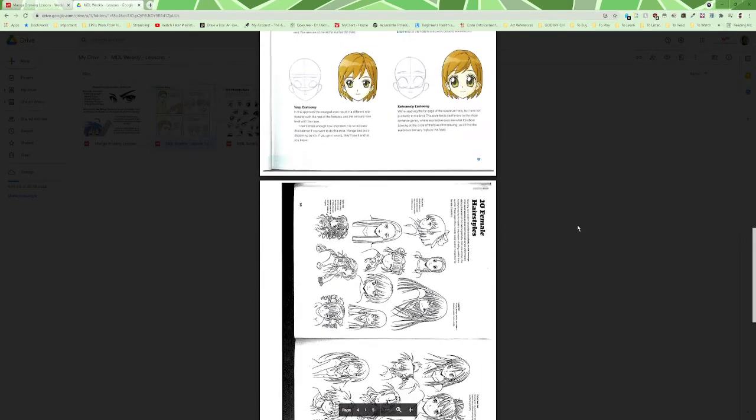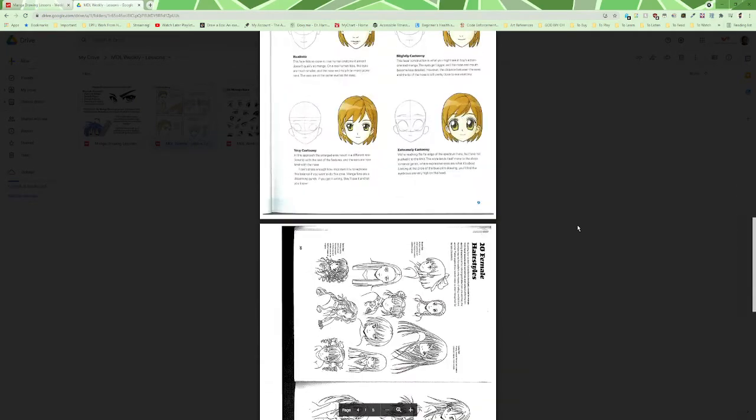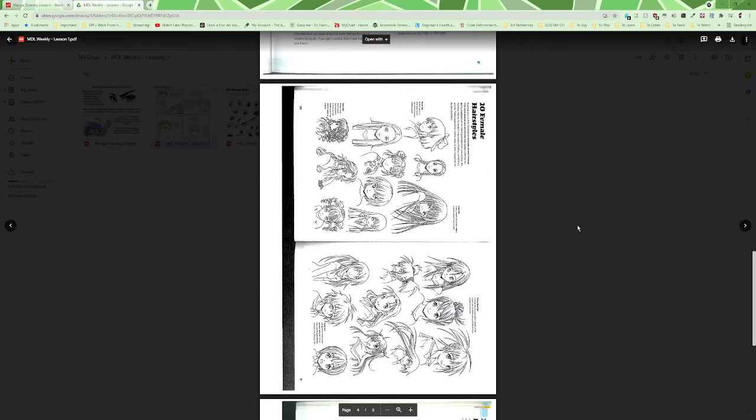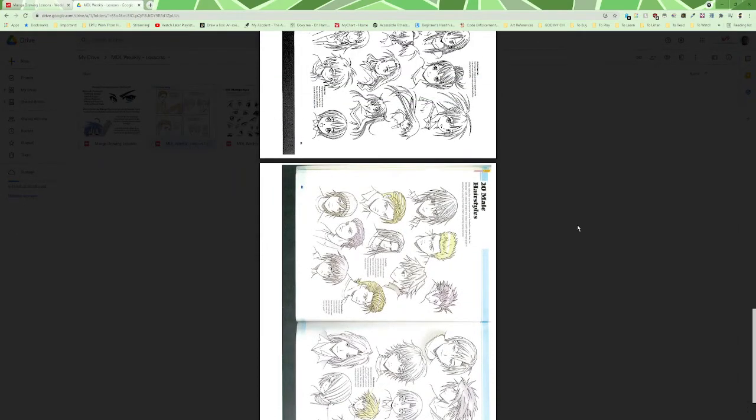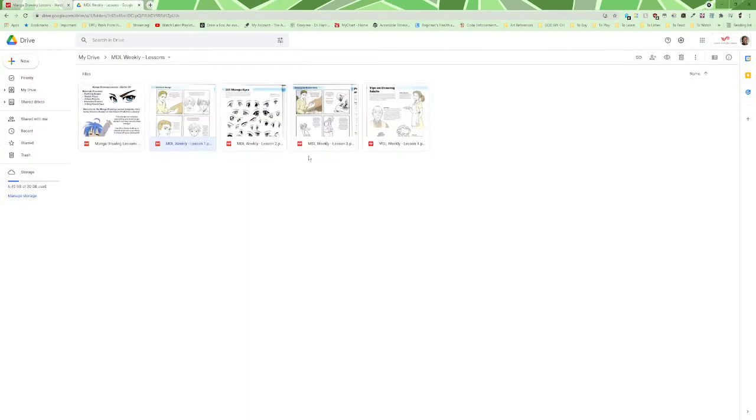The book itself goes through it relatively quickly because it graduates you from choosing your style to a whole bunch of male and female hairstyles, and then the next one goes through different heads and different proportions of heads. I think they go through male, female, baby, and older person, which is neat because apparently those are the four characters you really need to survive in the manga world.